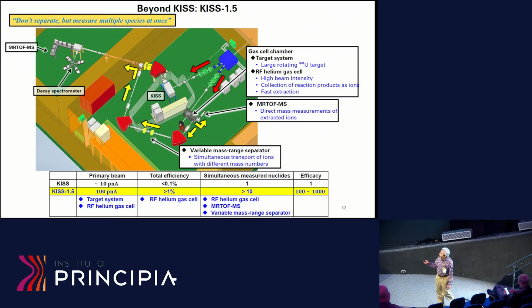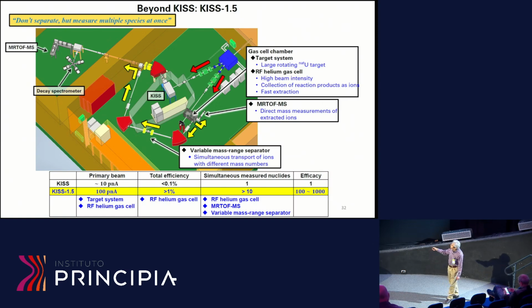So using the KISS 1.5 system, we can increase the beam intensity by one order of magnitude, and efficiency could be increased by one order of magnitude.